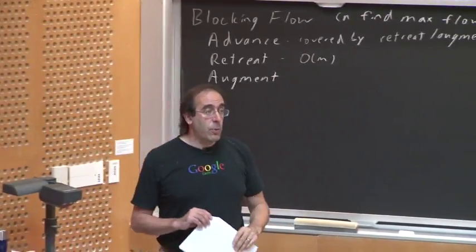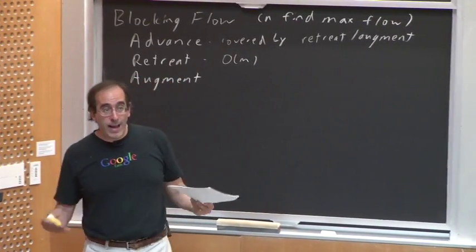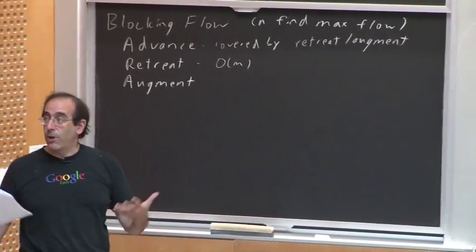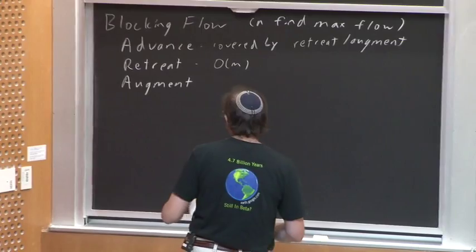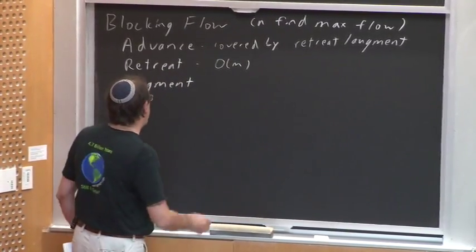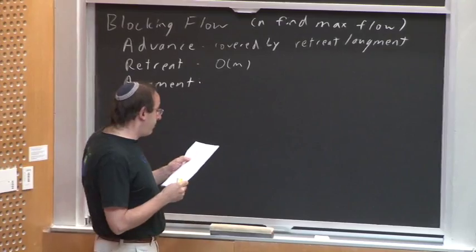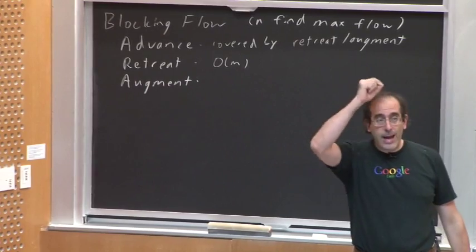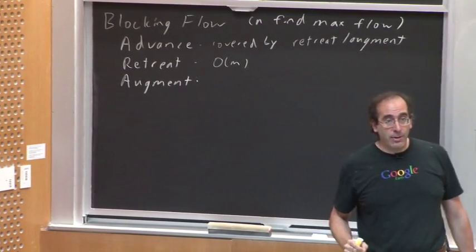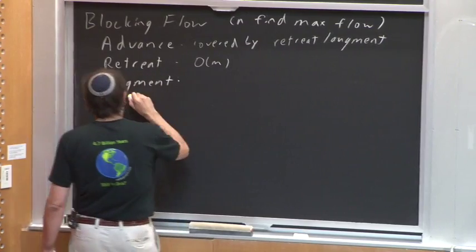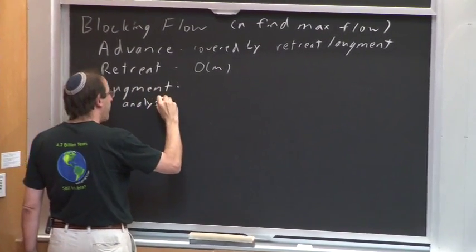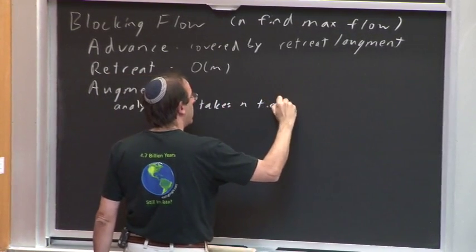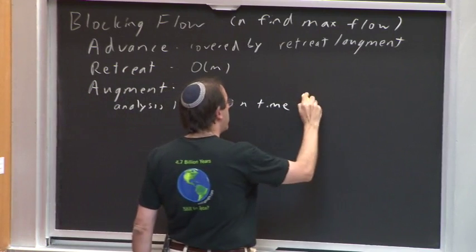There are a couple of different ways to do this that produce different bounds for a blocking flow calculation, and therefore for a maximum flow calculation. Now, the simplest observation, analysis 1, is that an augmentation takes n time at worst, because the path you're augmenting on involves n edges.